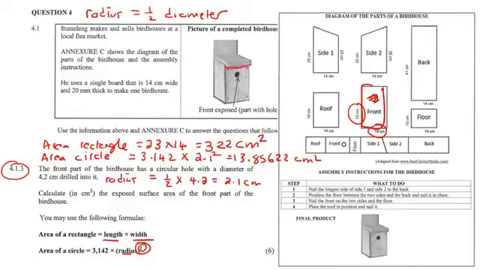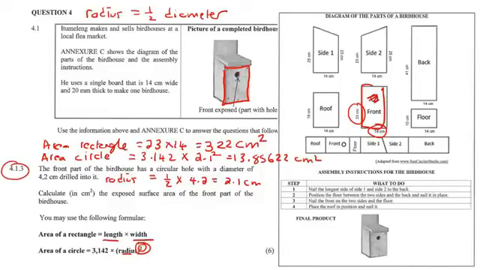Now, think about this. We said that this entire area was 322. But the circle is actually empty space. We have already counted the circle in when we said 322, but this is actually empty space over here. There's nothing there.